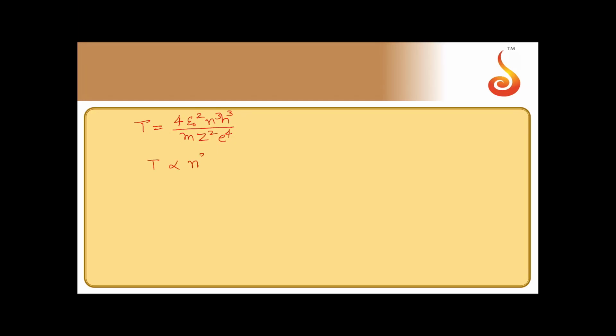So time period is directly proportional to n cube. So frequency should be inversely proportional to n cube, or it should be directly proportional to n to the power minus 3. That should be option B.